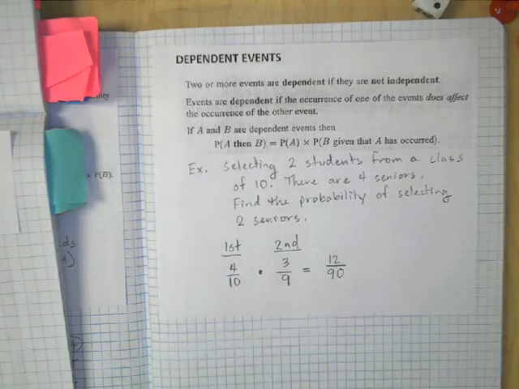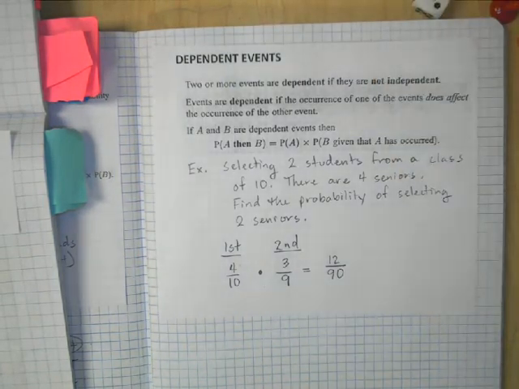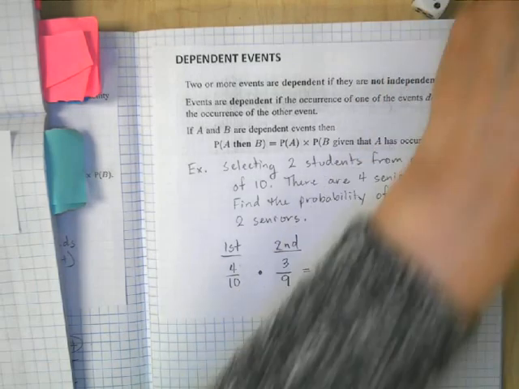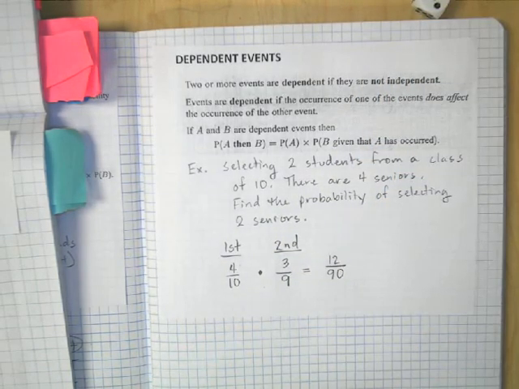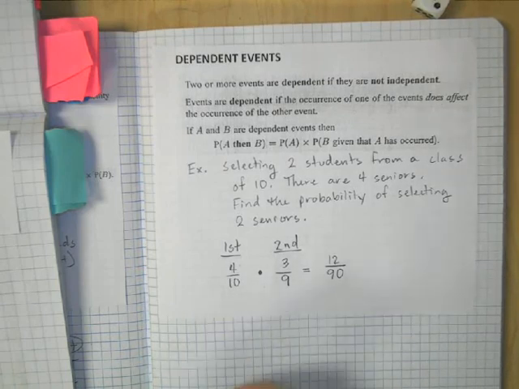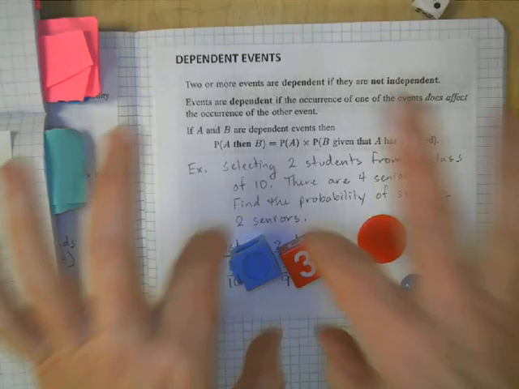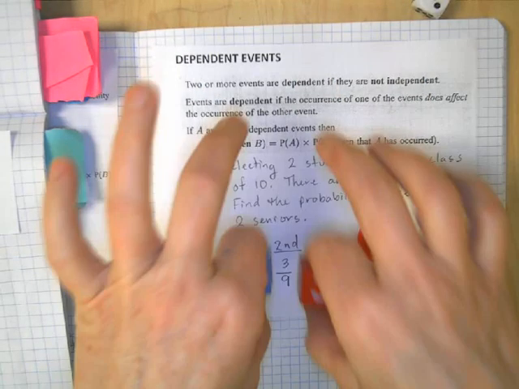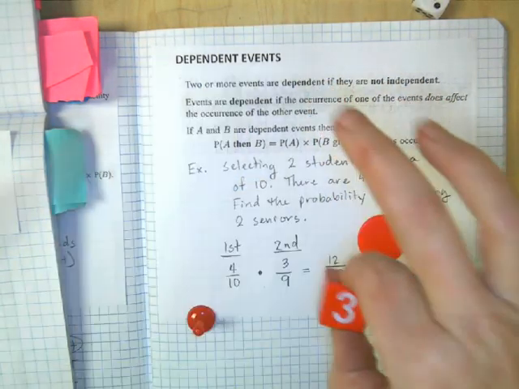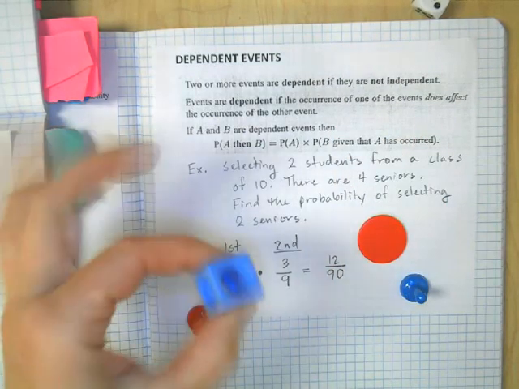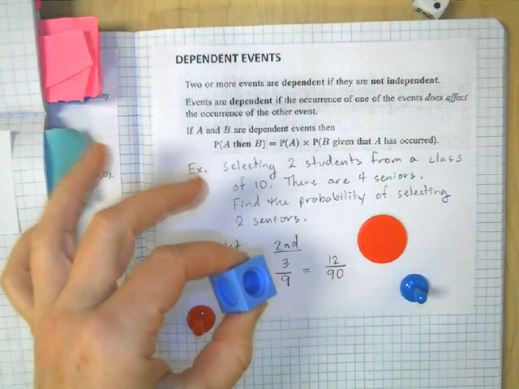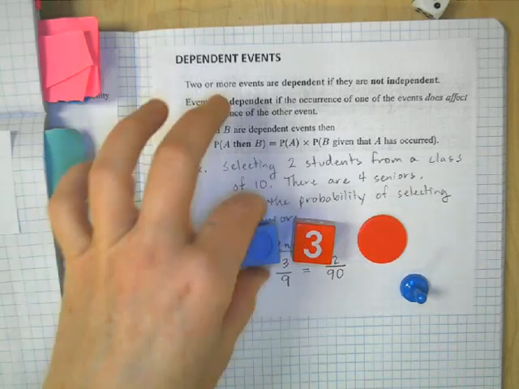Oftentimes you'll get asked a question: what if two people are selected at the same time? How would you figure out the probability of selecting two seniors? You actually do it the same way. We never say that I'm going to select two things simultaneously, because as soon as this one has been selected, the second one has a slightly different probability than if I had selected this one first.